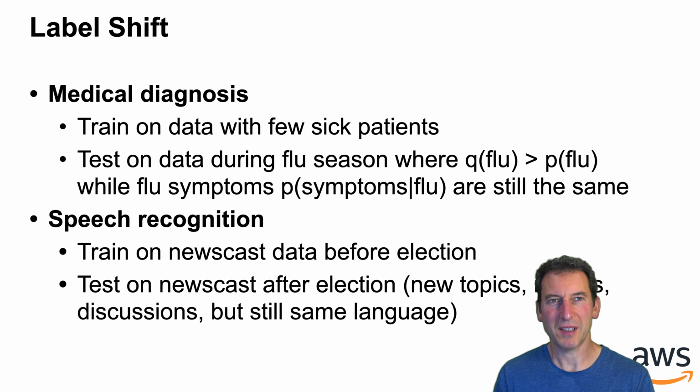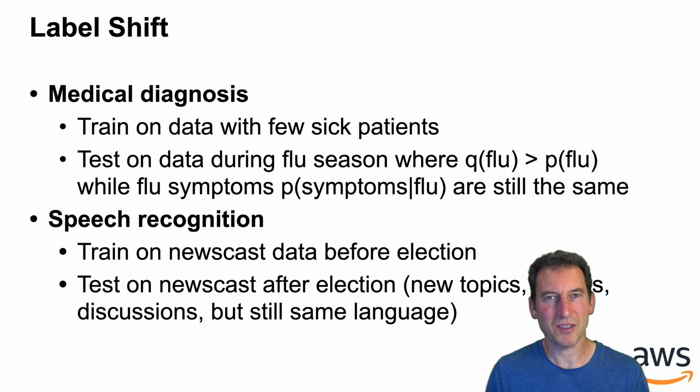For instance, in medical diagnosis, you might train on data with few sick patients, and then I test on data during flu season where the prevalence is much higher. Or I build a classifier for COVID-19 and then I deploy it, and suddenly I get a horrible spike because nobody wears a mask, and then of course my classifier will do worse. Or I train a speech recognition system on newscasts before the election.